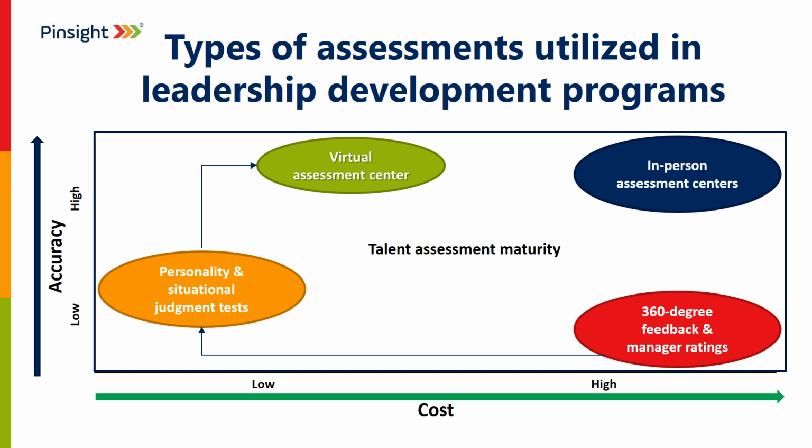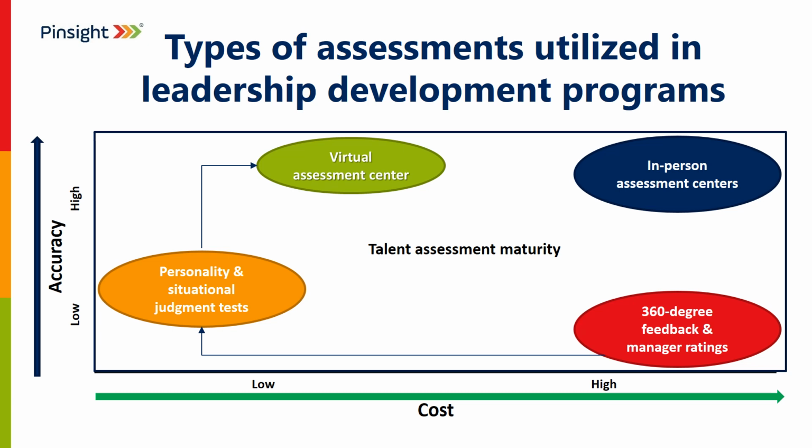This is perhaps the most accurate assessment that we have available on the market because you are watching actual behavior. You're not relying on self-reports and what the person thinks, how they act. But the problem has always been cost. These sort of senior assessments can run anywhere between $10,000 to $40,000 per person.